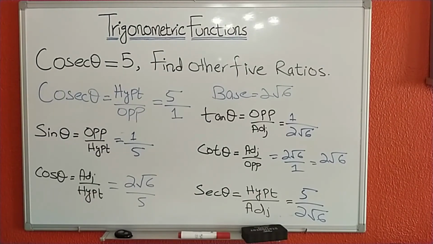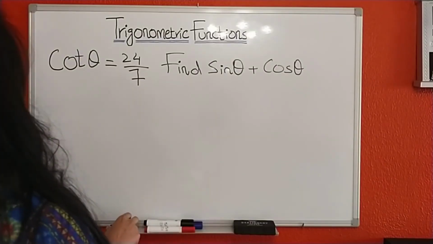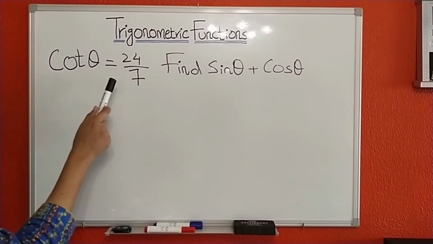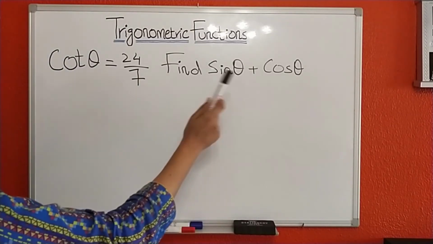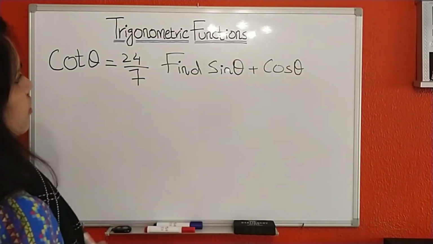So this is the answer of a very easy question. Now students, I have another question here. In this question, we have a value of cot theta and have to find the value of sin theta plus cos theta.